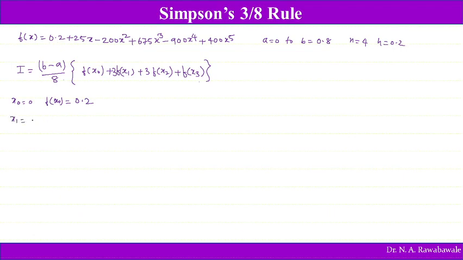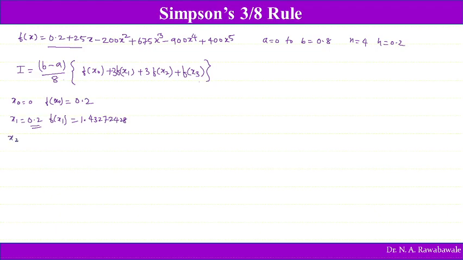Now x1 is 0.2, if we take 3 segments or 4 points, each division is of 0.2, so f of x1 is going to be 1.4327. If we substitute 0.2 in this equation, we get 1.4327.